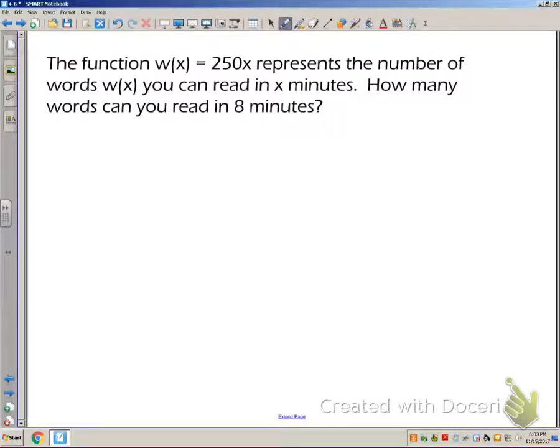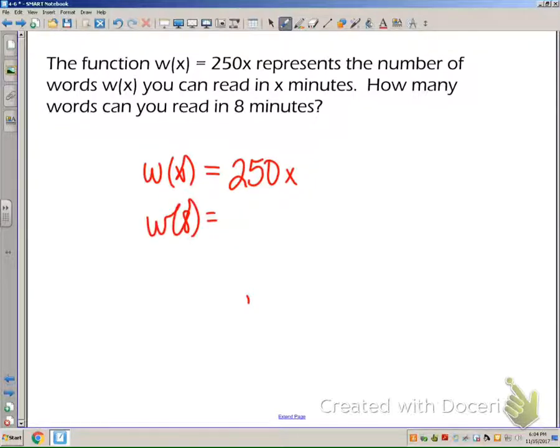Okay, so the function w of x equals 250x represents the number of words, w of x, that you can read in x minutes. How many words can you read in 8 minutes? So if w of x, where x represents the number of minutes, equals 250x, what is w of 8 equal to?